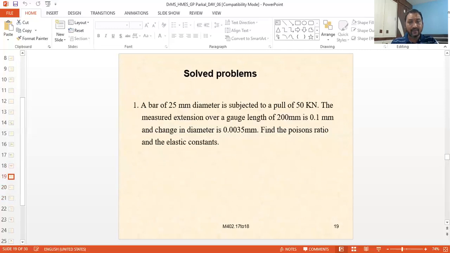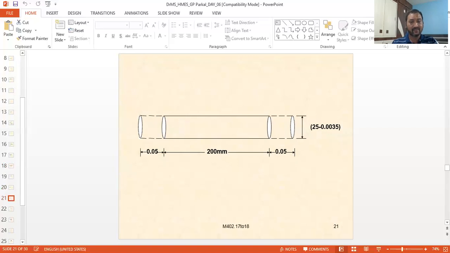The 0.1 mm is the increasing length, so on both sides we have taken 0.05 millimeters. The total increase in length is 0.1 millimeter, but the diameter reduces by an amount of 0.0035. So the final diameter will be 25 minus 0.0035. So this is the problem.